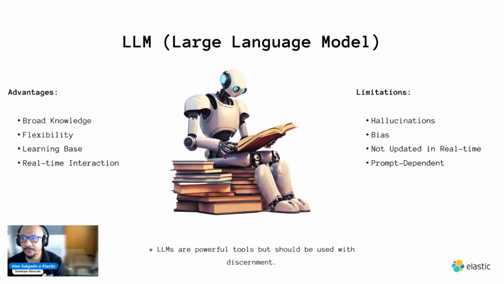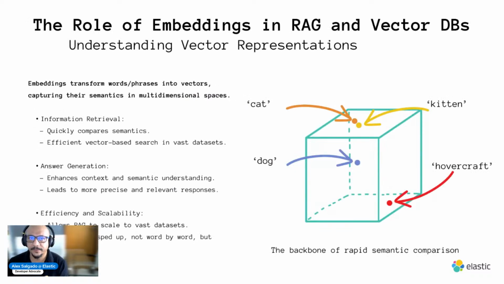So how do you deal with these advantages and limitations to create a better architecture to improve our productive use of this kind of model? LLMs are powerful tools, but you should use them with discernment, according to these limitations.